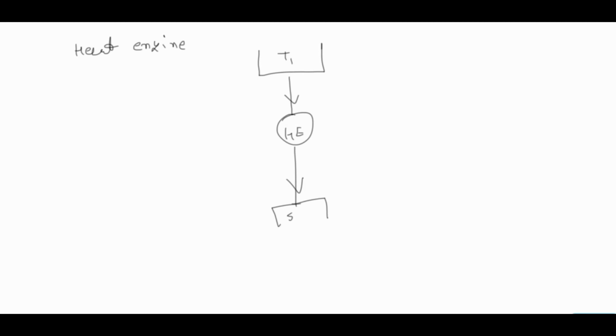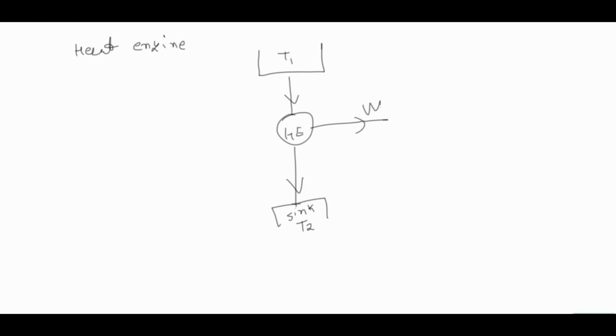Then heat engine. This we also learn, heat engine. What will a heat engine do? Heat engine is a device which converts heat into work continuously through a cyclic process. That means it takes the heat from a T1 temperature, high temperature source. It delivers some amount to the sink that is at T2 temperature and gives us some amount of work done.